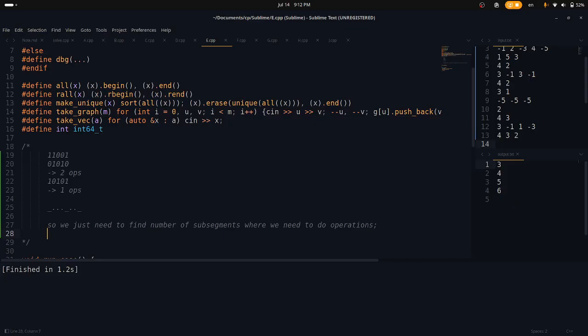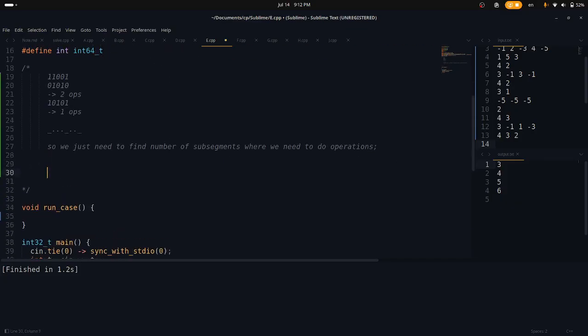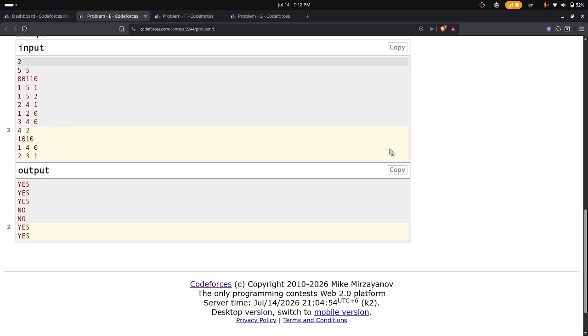Can we use a segment tree? So let's say 0 1 0 1 0 1 or 1 0 1 0 1 0, right?